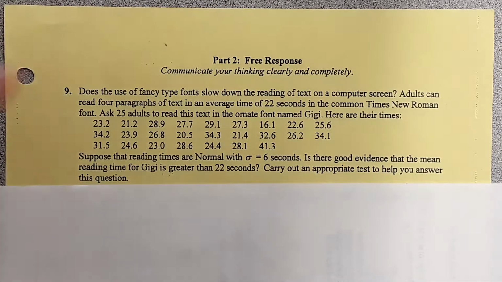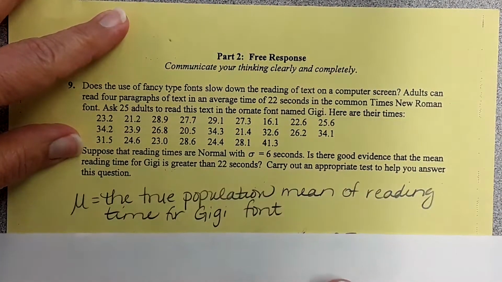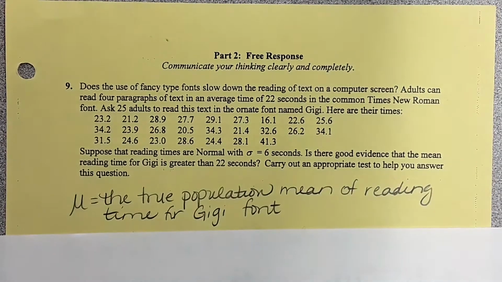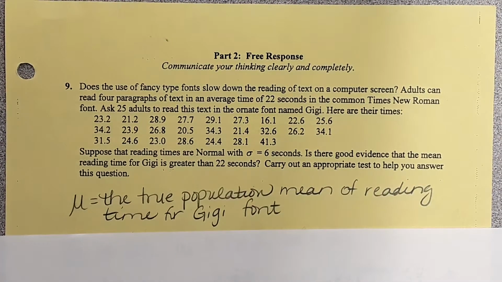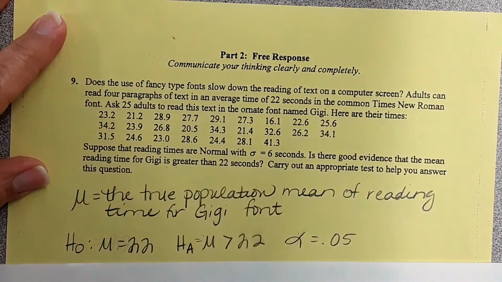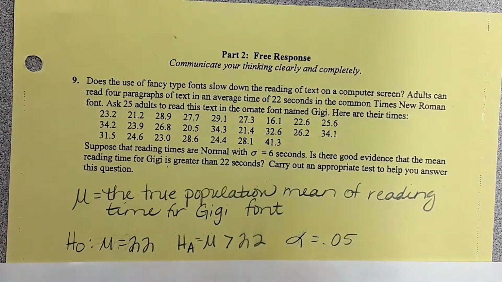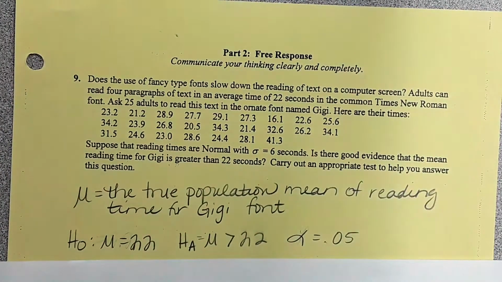So we did also write the first thing down, right? Yesterday I put the mean of reading time for GG font. Then I wrote the null hypothesis and the alternative hypothesis.